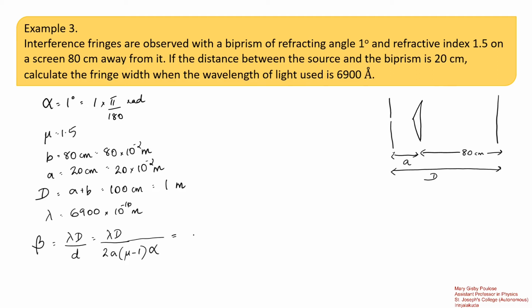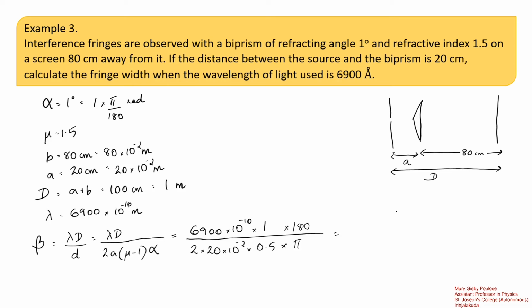Now, substituting for these terms, we can write lambda 6,900 into 10 raised to minus 10, capital D is 1, divided by 2 into small a, 20 into 10 raised to minus 2, into mu minus 1. Mu is 1.5 and 1.5 minus 1 is 0.5, into alpha is pi by 180. So we can write this as pi by 180, and 180 goes into the numerator.